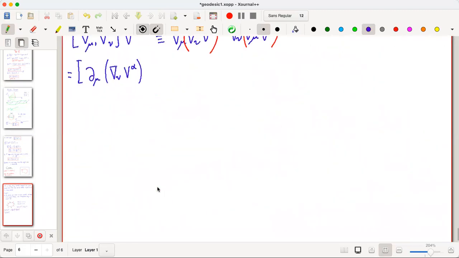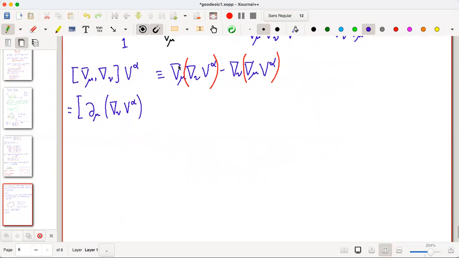Okay, for the Christoffel symbol, let's take the nu index first. So this is gamma mu nu lambda, del lambda v alpha.